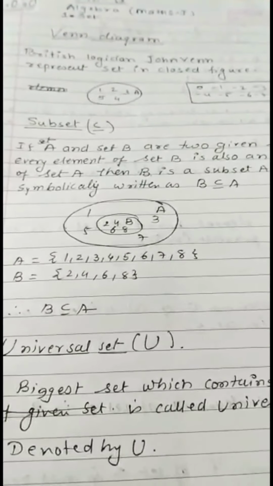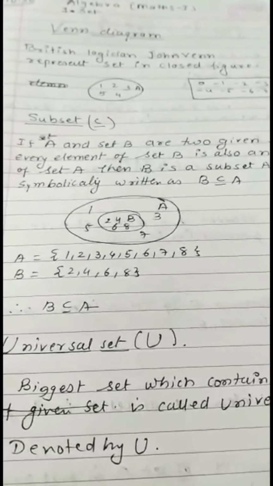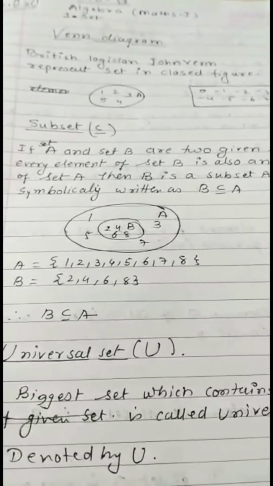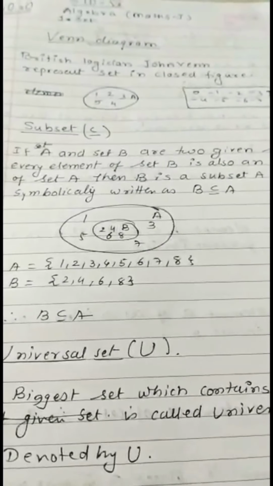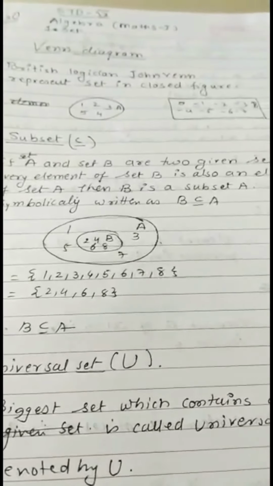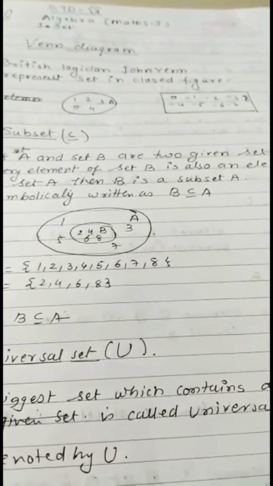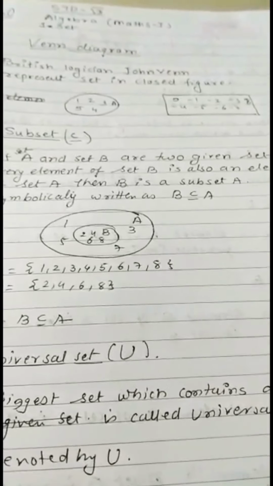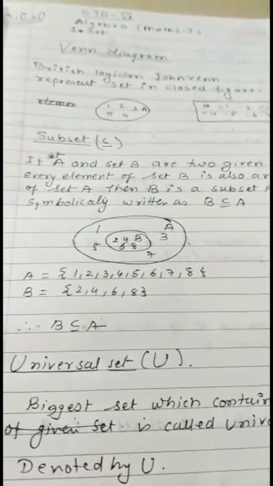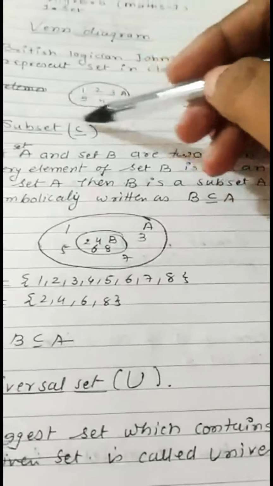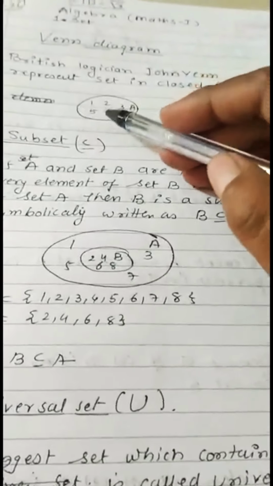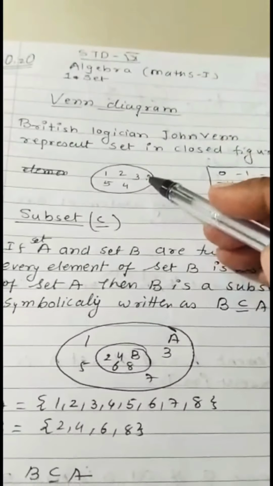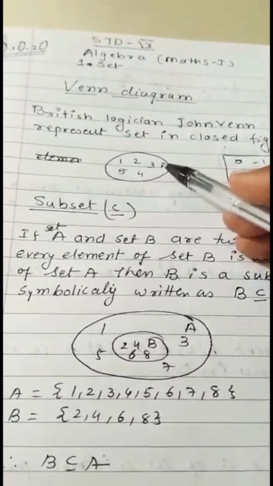So the British logician John Venn gave a presentation of sets in closed figures like a triangle, circle or rectangle. You have to write all the elements inside the circle, rectangle or triangle, and along with that the name of the set by a capital letter A.